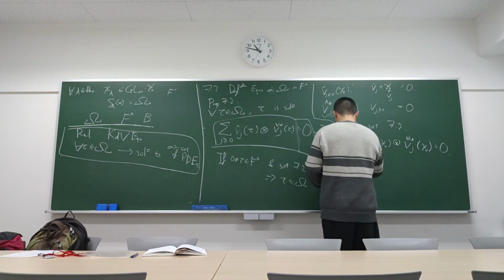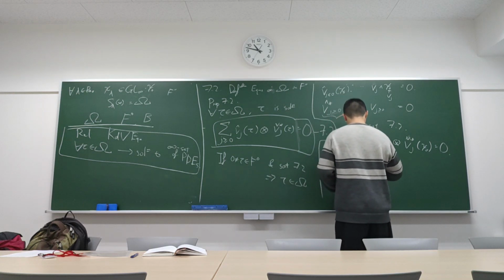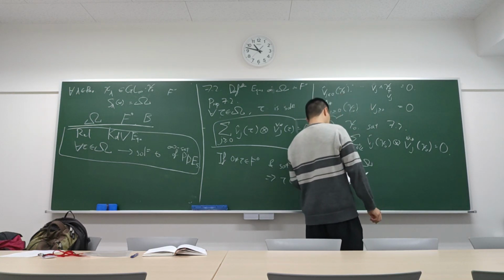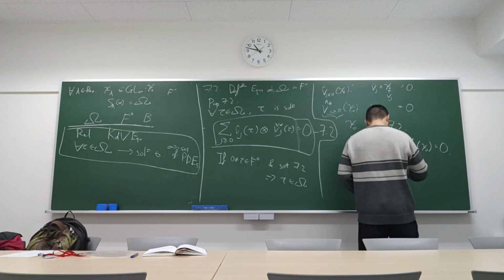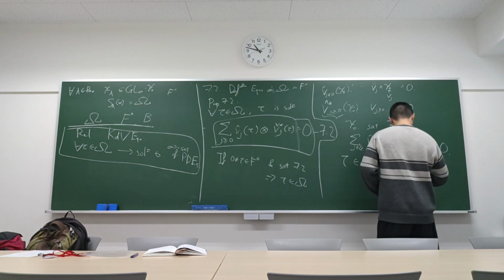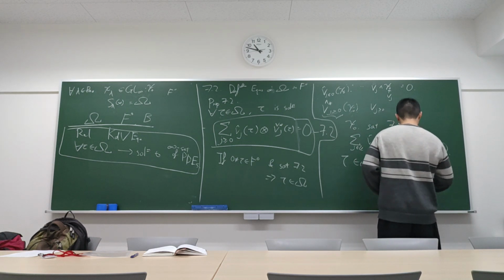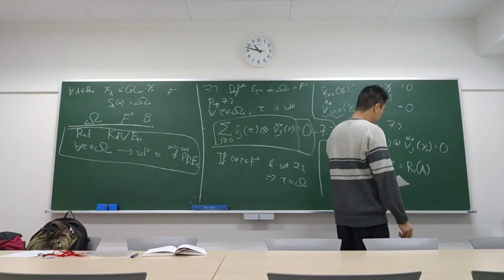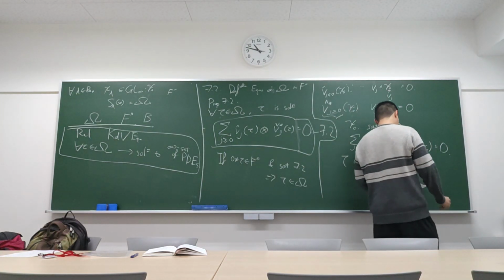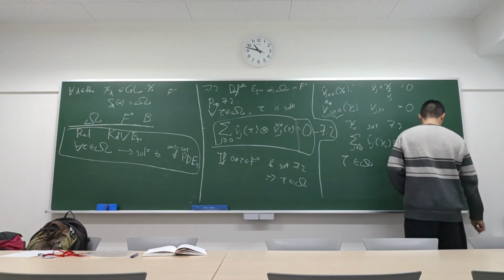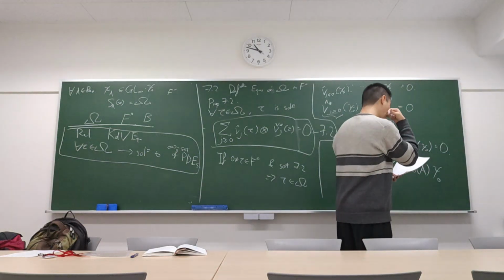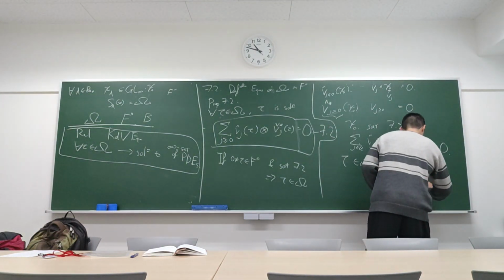And remember that this in F0 space, this by definition is the form of the representation of some element of GL infinity acting on psi naught. So this is our GL.